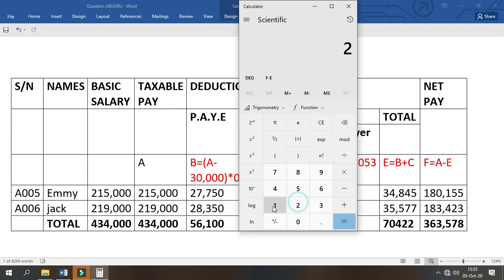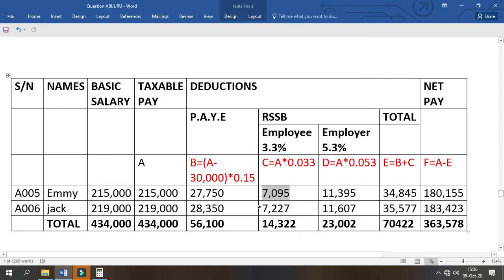219,000 multiplied by 3.3 over 100, which is equal to 7,227.